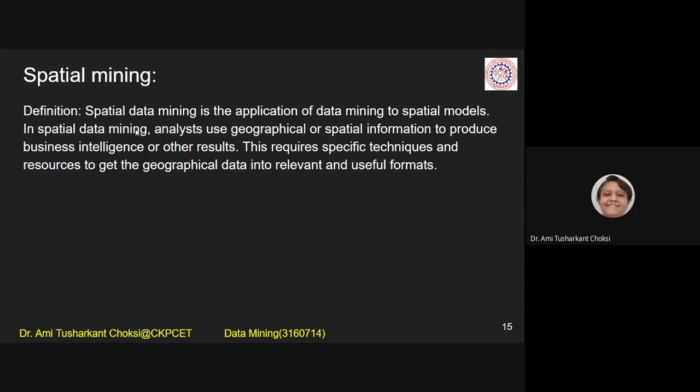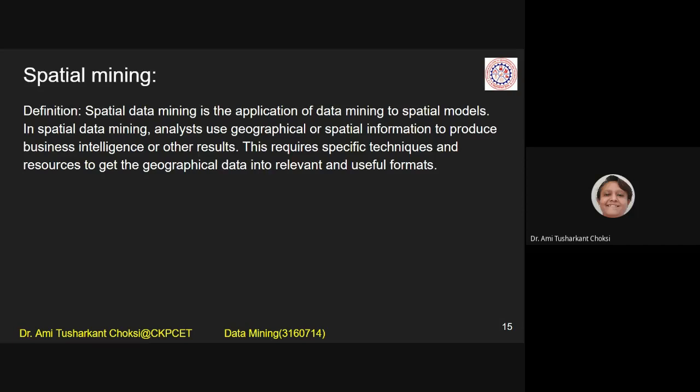Now, spatial mining. What is that? The name itself says spatial. It does not mean you are special to me as my subject students. No, not that. It is space, right? Spatial is related to space. Fine.